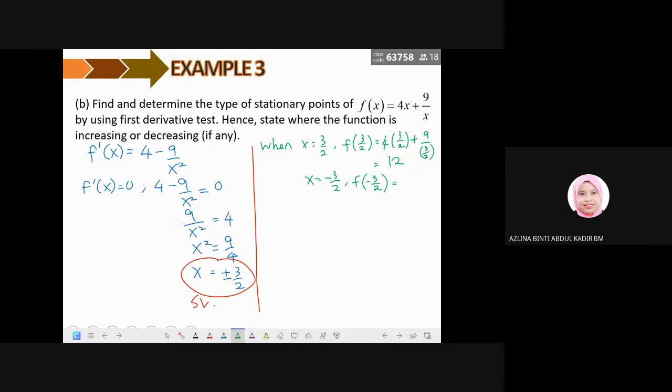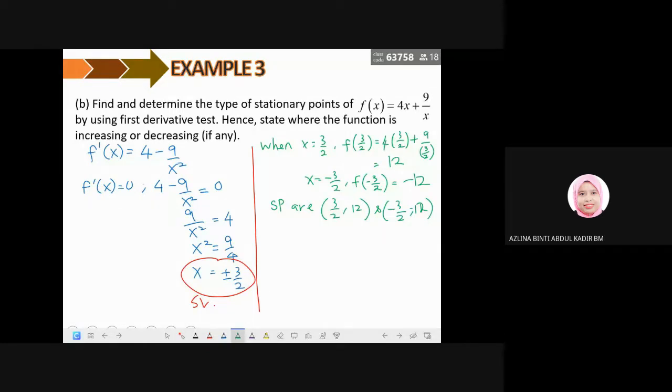Okay, negative 12. So the stationary points are (3 over 2, 12) and (negative 3 over 2, negative 12). So we have two stationary points.